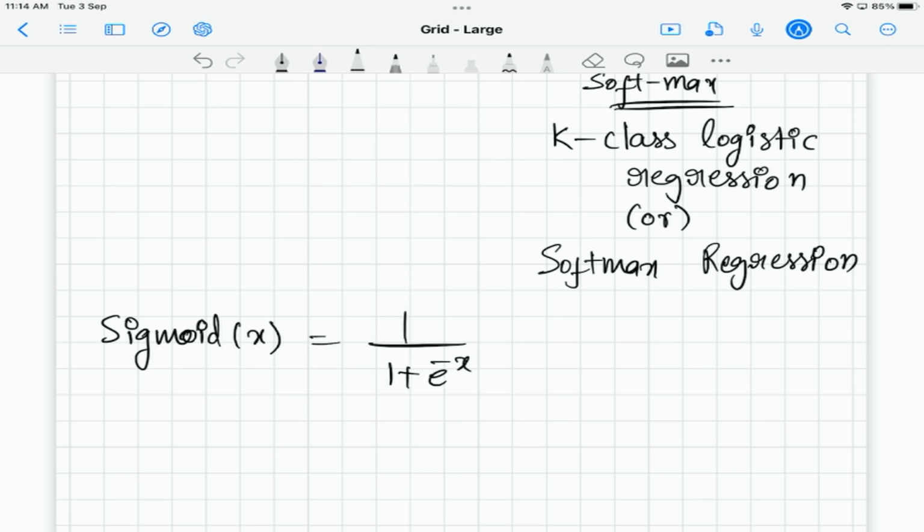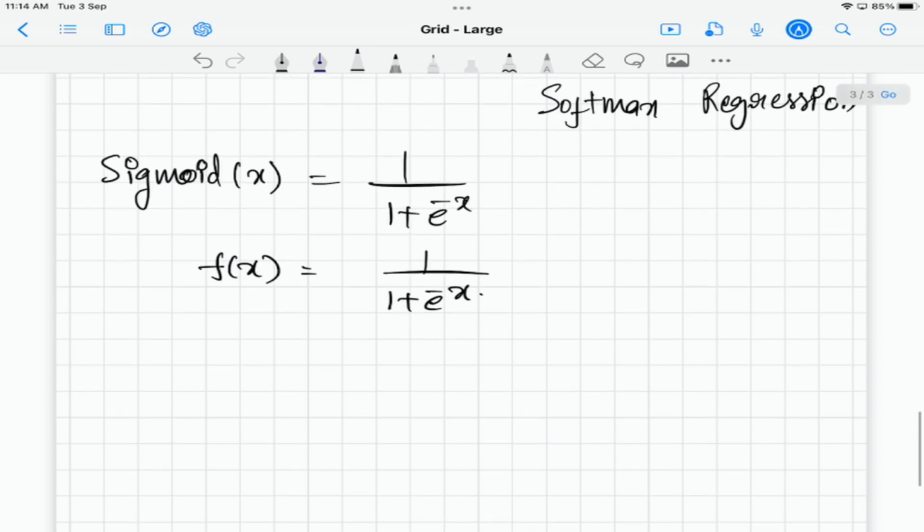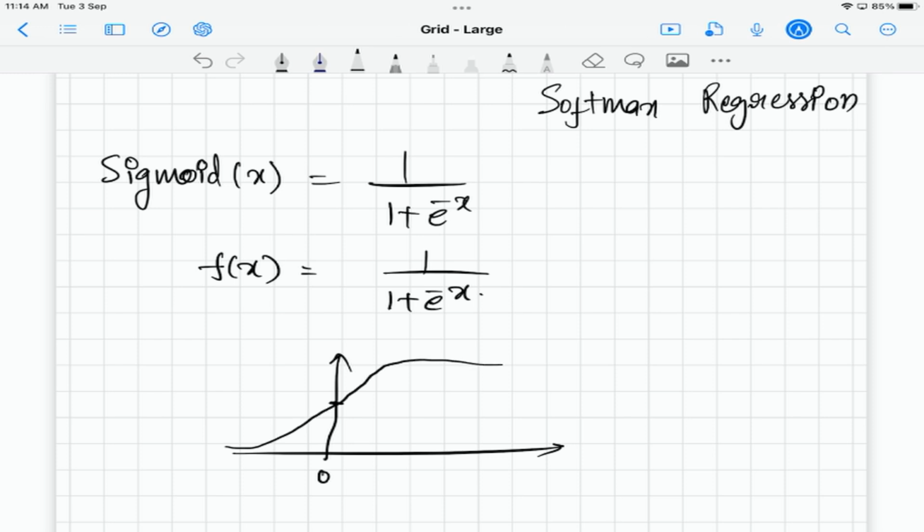Sigmoid at 0 is 0.5. How will it look? Like this maybe: as x tends to infinity, the sigmoid goes towards 1, and as x goes towards minus infinity, the sigmoid tends to 0. So this is your sigmoid function.